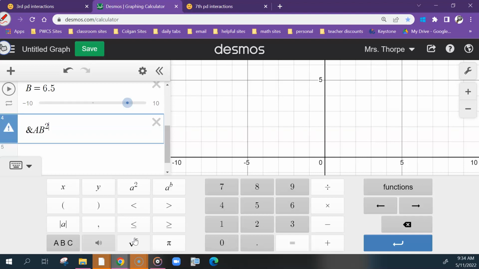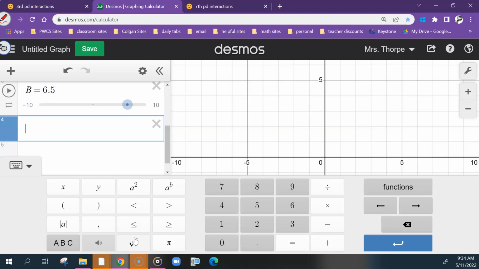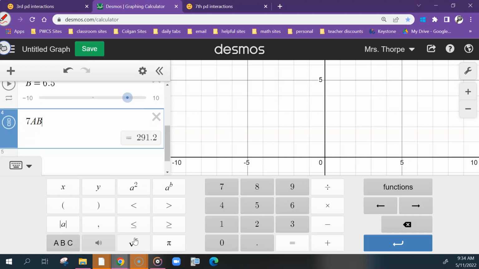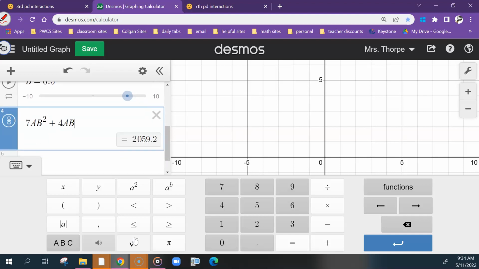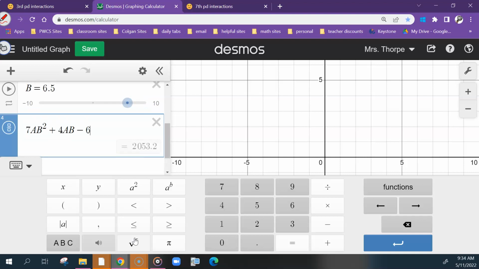7ab squared. That's not. Try again. 7ab squared plus 4ab minus 6.